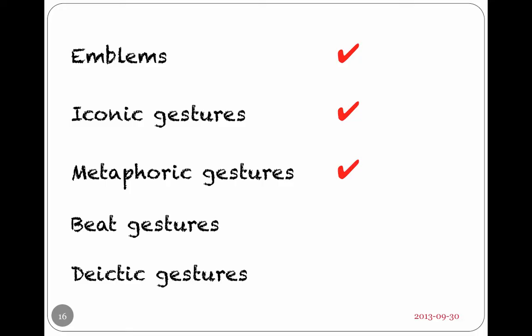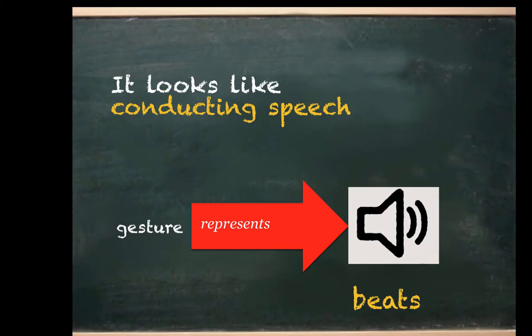Okay, so we were 3 down, 2 more to go. Next gesture is the beat gesture. What's that? It simply is a way of emphasizing what you're saying by using your hand, almost like you are conducting your speech. Like, I want to make sure that you really understand. So what's happening here is this.